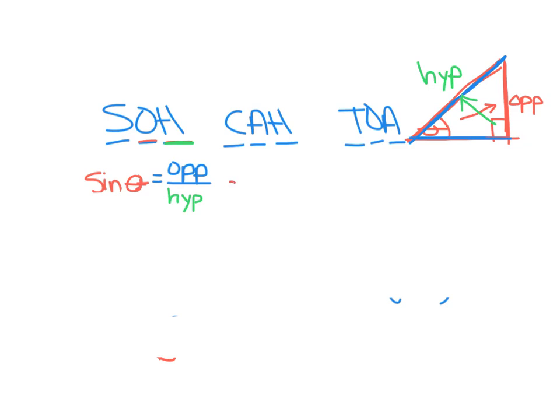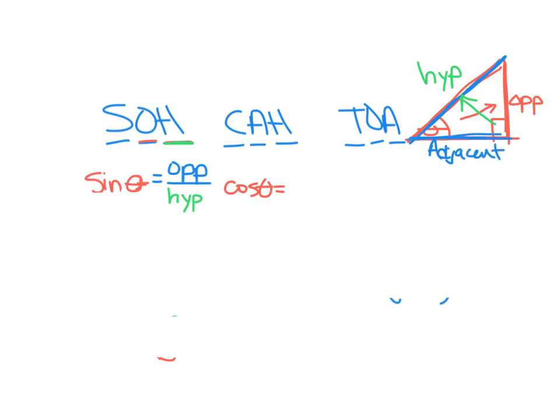Let's go to cosine. Said cosine, but sometimes when people reference it, they say cos, and that's going to be of theta, and that's going to be equal to, what's this A going to stand for? A is that last side that you haven't seen referenced yet, which is going to be the adjacent side.